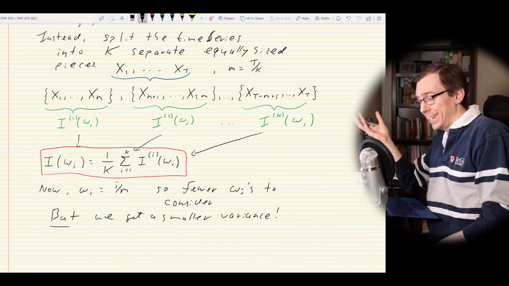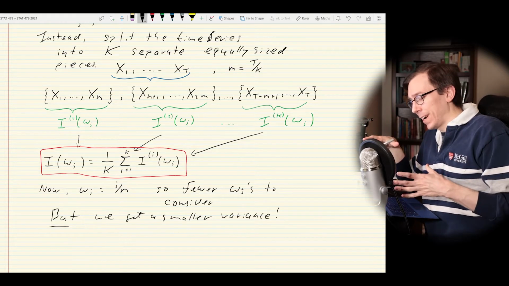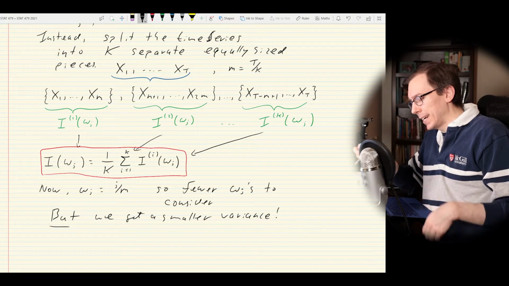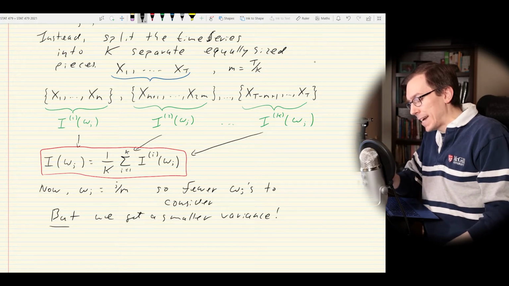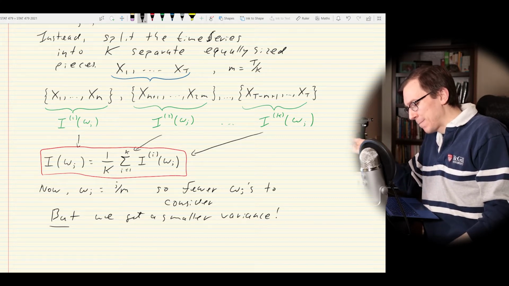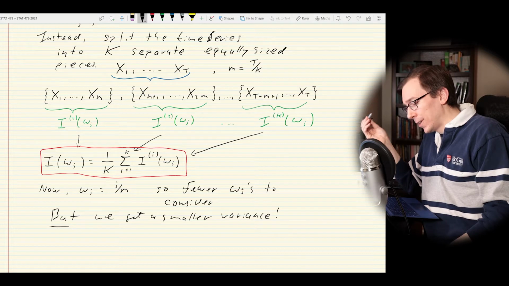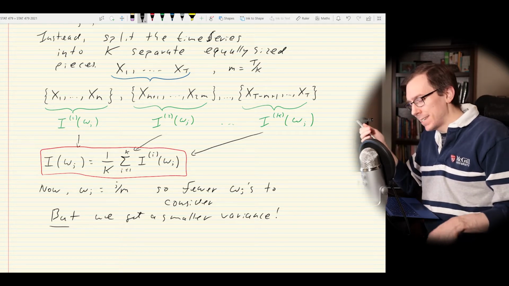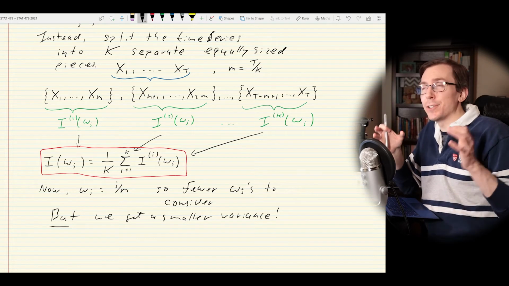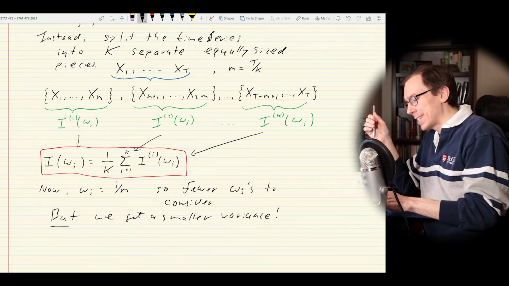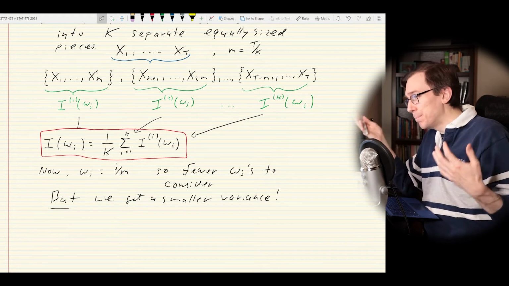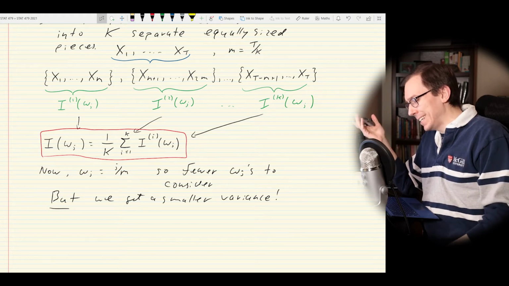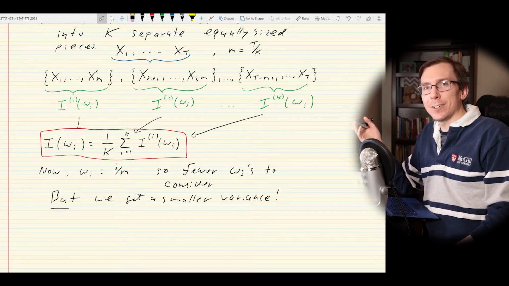And that's the nice thing here, right? We have this smaller variance because what we're ultimately doing is estimating the periodogram at a given frequency independently k times, and then averaging over all of those observations. So this will, as often happens in statistics, reduce the variance. It just means that we don't get as many frequencies as before, but that's okay because typically we don't need such fine granularity.